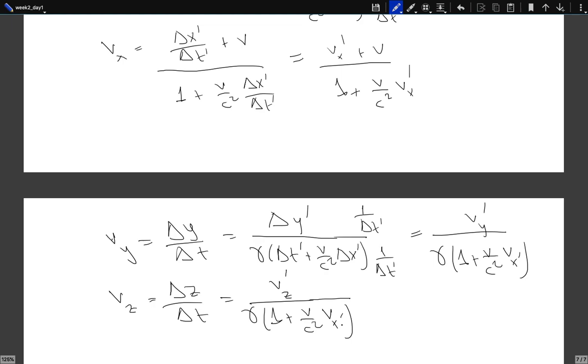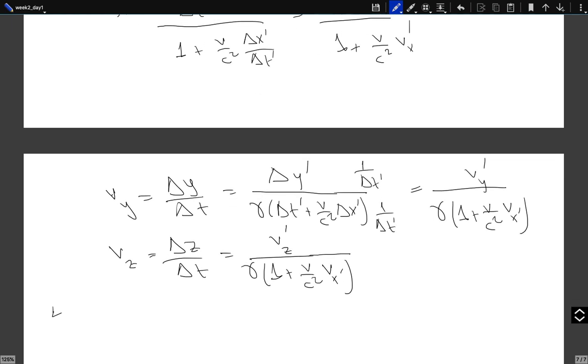Now let's do a very simple example. Assume that v, the relative speed of the reference frames, is equal to 0.999 c.